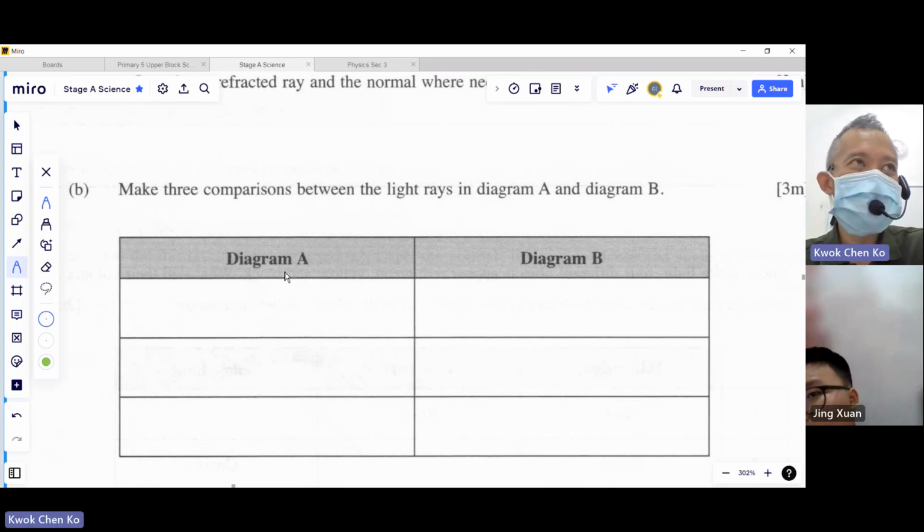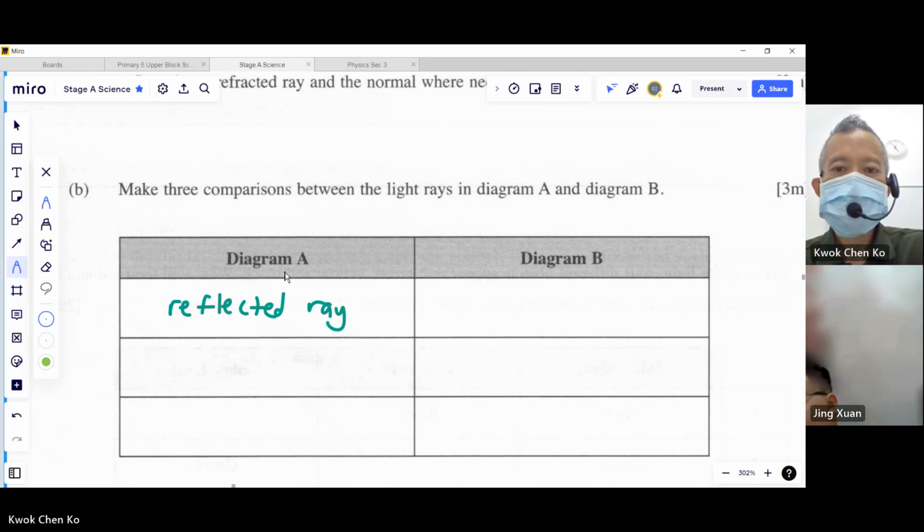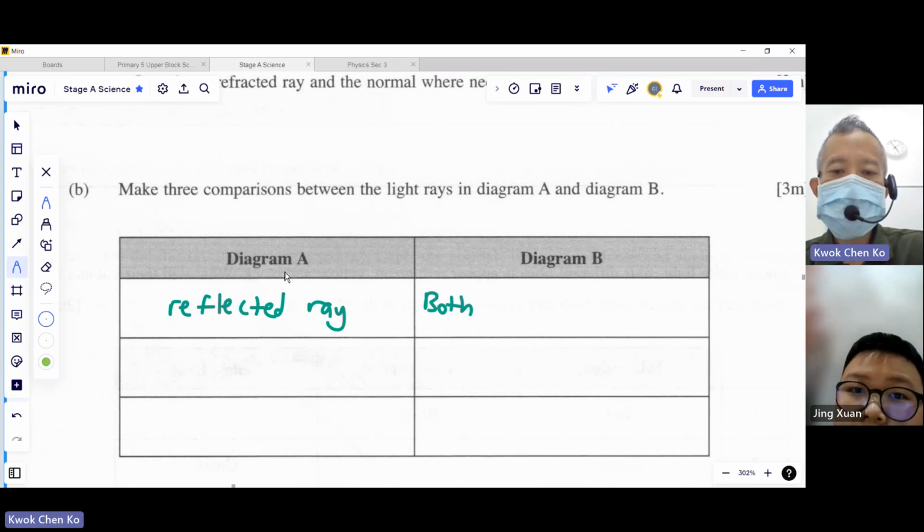Well, actually nothing much. Basically, I've mentioned all I want to say already. Alright, basically in A, you have a ray, or for diagram B, both reflected.